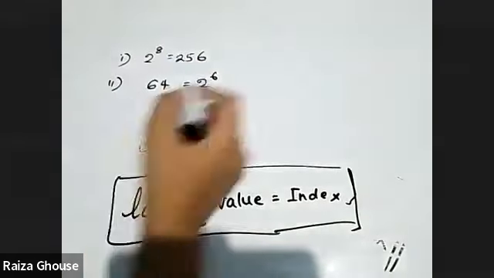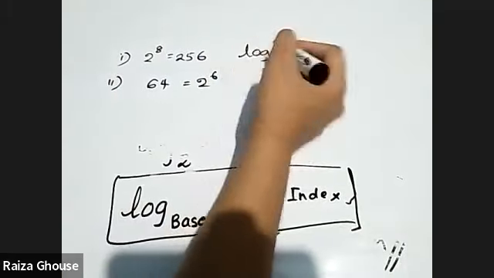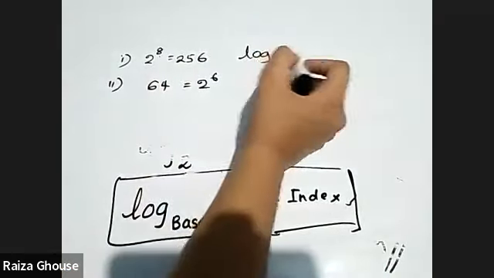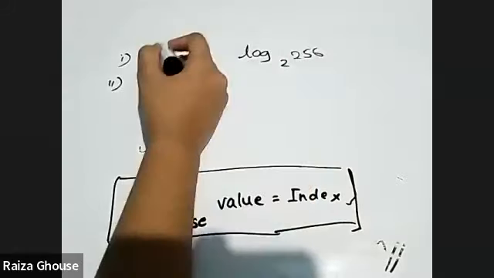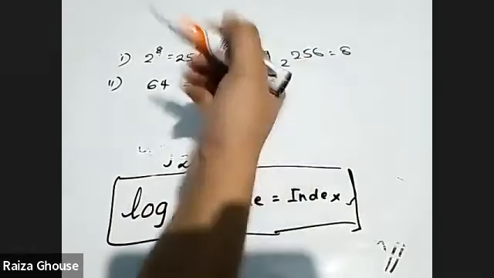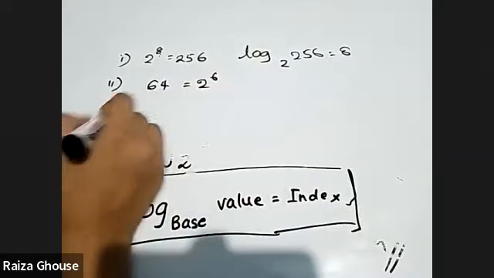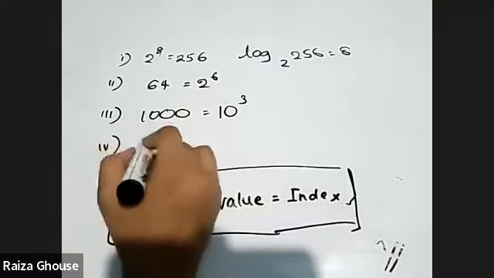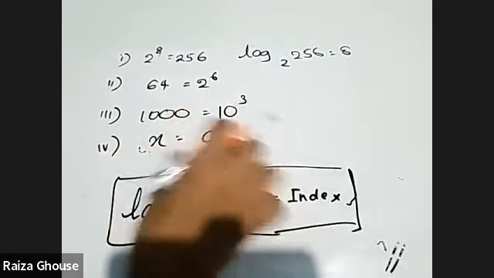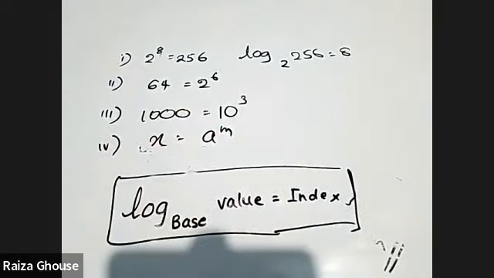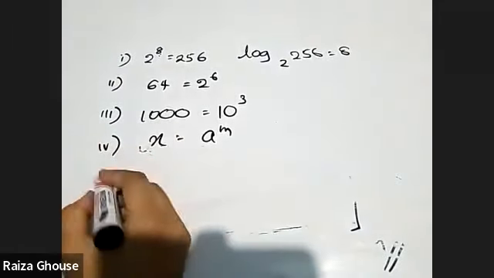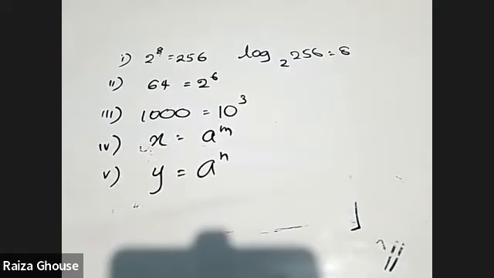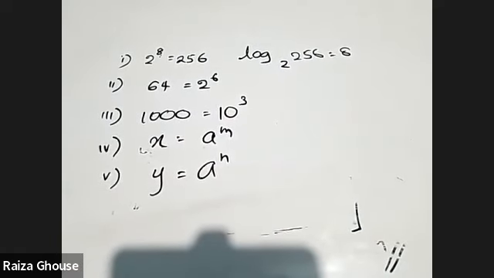You should tell it. Log, then 8 means here the base, no? Okay, log base 2, value 256, index is 8. That way you should tell it and do it. Then all your senses are working. Until you catch up with that, do it like that. Once you're done, let me know.